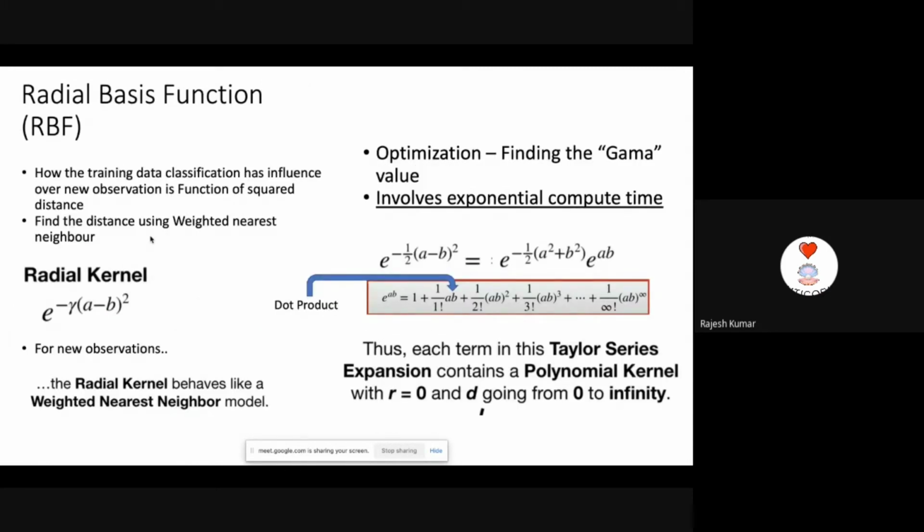Now, when we want to visualize that in a mathematical manner, what happens in the dot product is this. This is the Taylor series: we have the factorial, we have the exponential, we have the dot products. This is what happens internally for us to get that coefficient value.